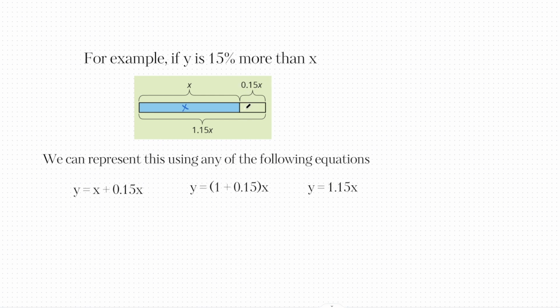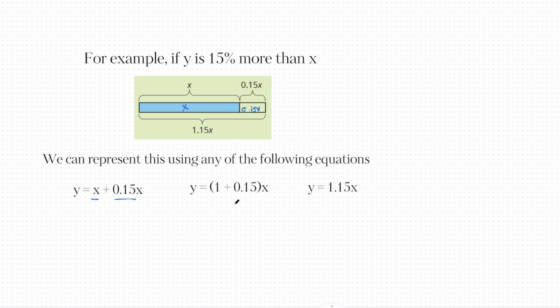So this right here is 0.15x. And when they're added together, we get 1.15x. So again, the blue box is x, and what we added on is 0.15x, and together they represent 1.15x. We can represent this scenario in a bunch of ways. We could just say x plus 0.15x.